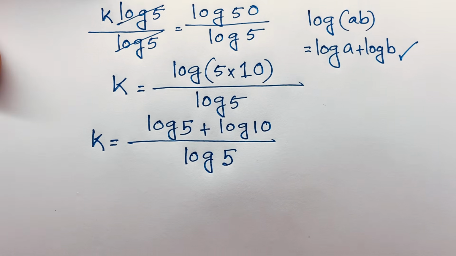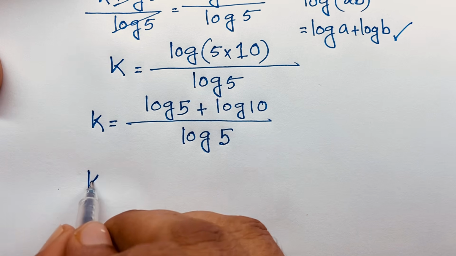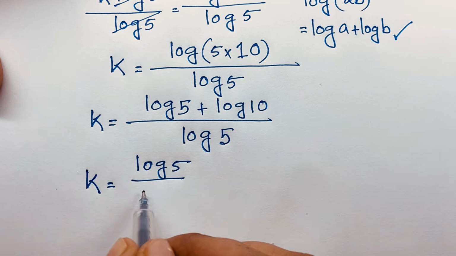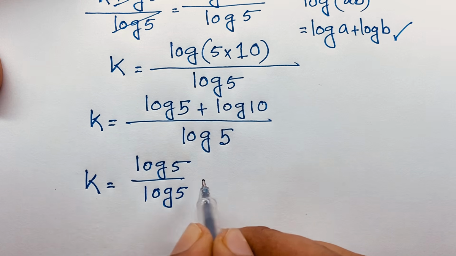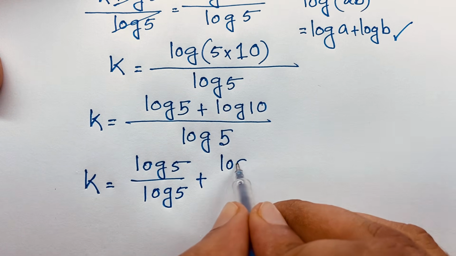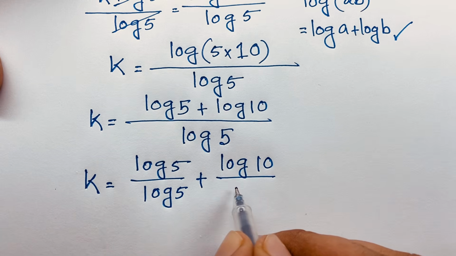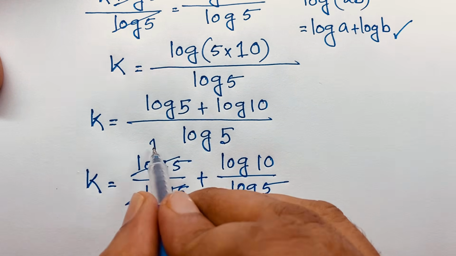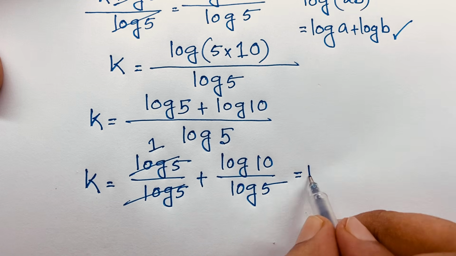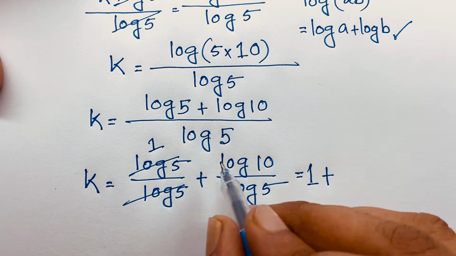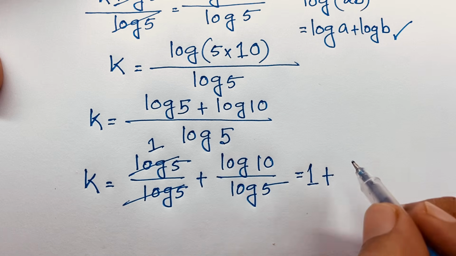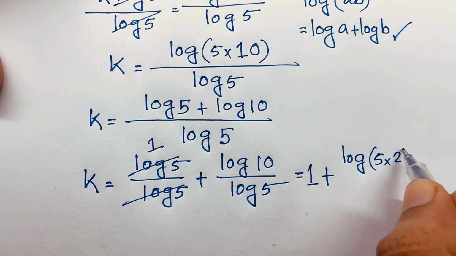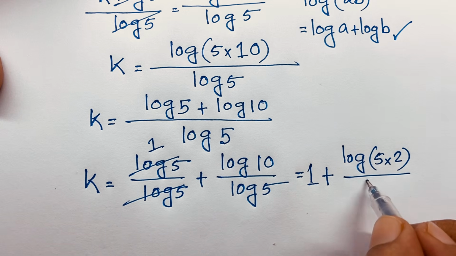Now if I separate this fraction, it will be k is equal to log 5 over log 5 plus log 10 over log 5. Now this will be 1, so 1 plus, and log 10, if I evaluate this expression again, it will be log 5 times 2, 5 times 2, this is 10, over log 5.